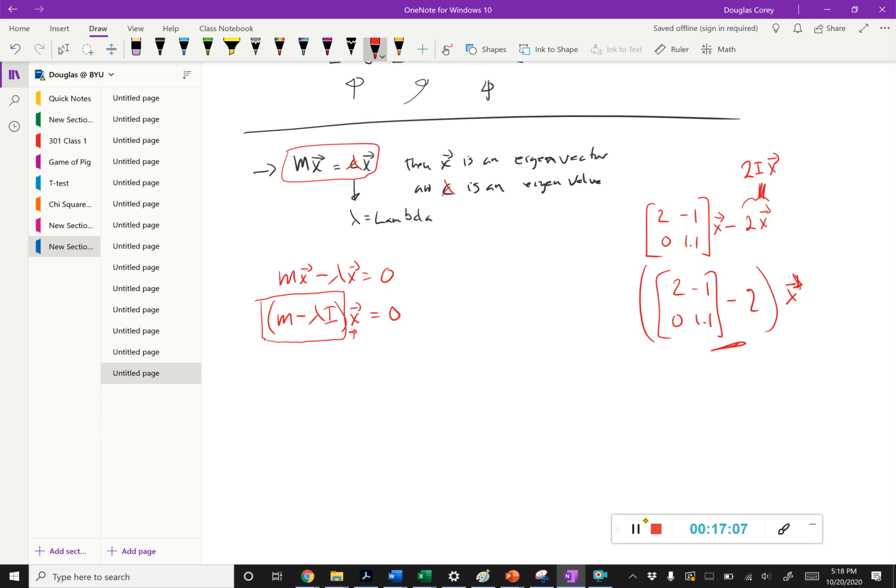I'm going to actually write down M minus lambda I, with I being 1 0 0 1. And we want to know when does that times x equal 0. This is the 0 vector.